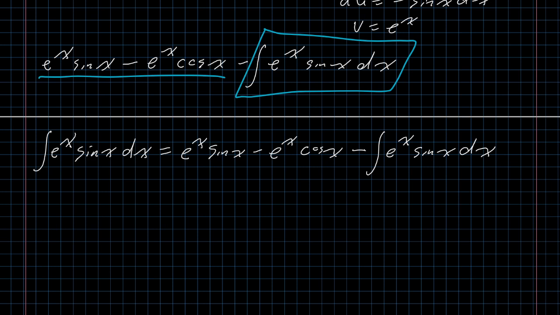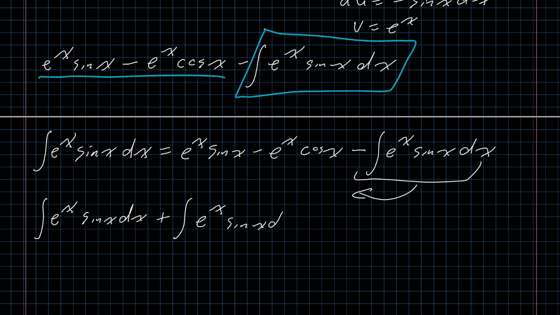What if I rearrange this equation? Yes, seriously. I'm going to take this integral and move it onto the other side of the equation so that I have the integral of e to the x sine x dx plus the integral of e to the x sine x dx is equal to e to the x sine x minus e to the x cosine x.